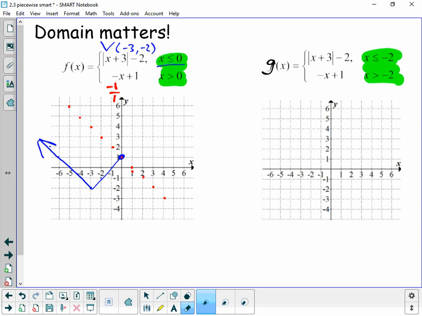We want to keep only a part of that, the portion that is greater than 0. So that would be this part over here. Everything else we would want to erase. And so our function looks like this. It looks like Harry Potter's lightning spell.